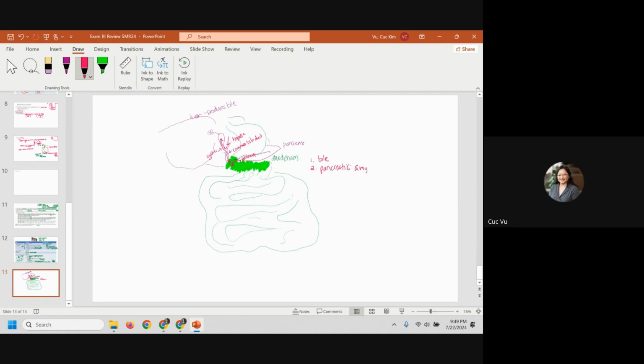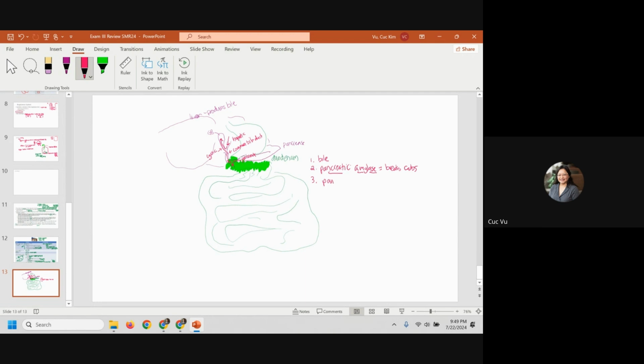Pancreatic amylase. It's produced in the pancreas. Amylase, meaning it's going to target what? Carbs. Because it's an enzyme. So pancreatic amylase is an enzyme that breaks down carbohydrates. Carbs.